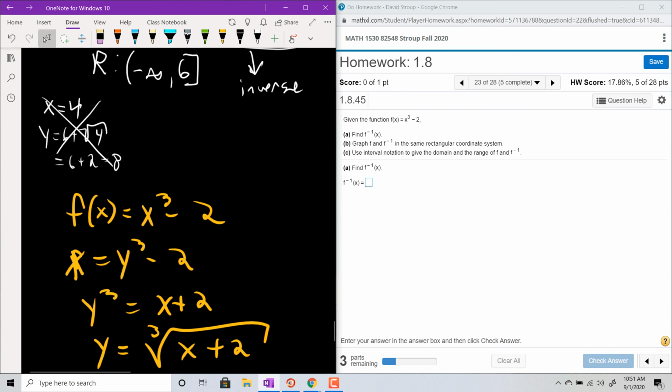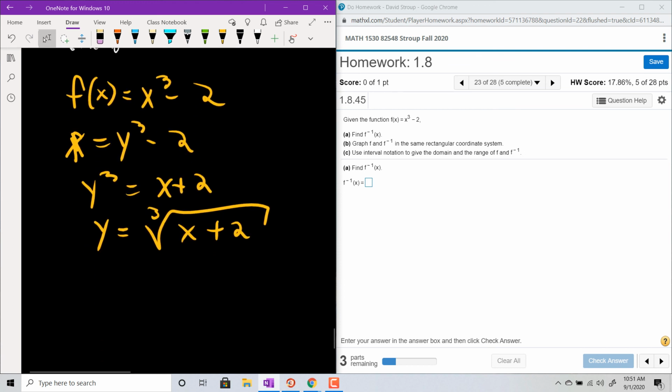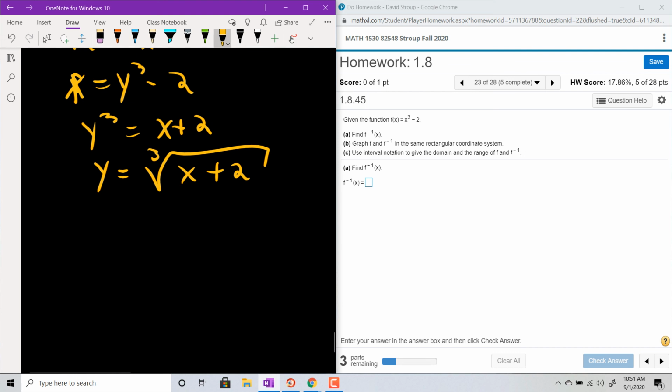for your f inverse. And to graph them, what does x cubed minus 2 look like? Well, you're going to go down 2, and then you have this looking thingamajig. And then to rotate that, I don't think I can do that in my head.